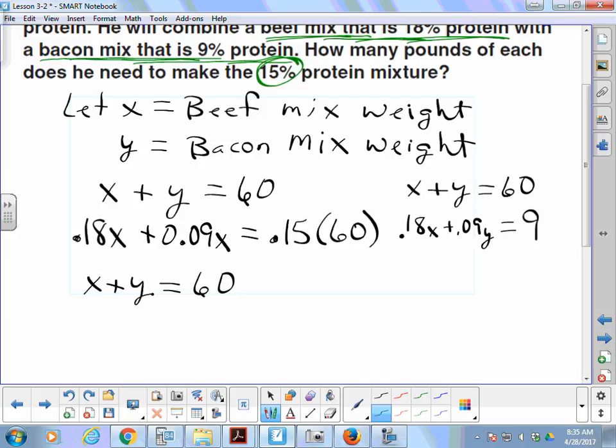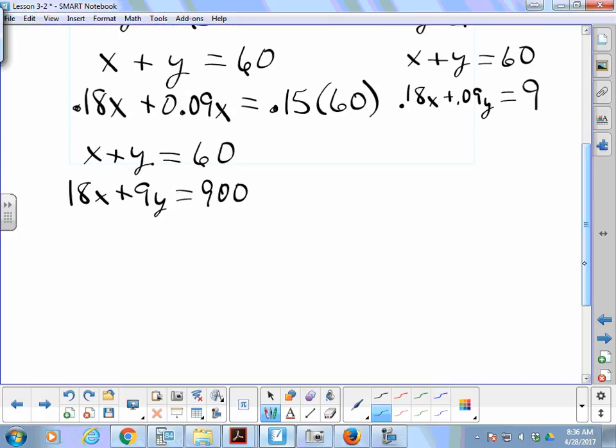And how can I get rid of those decimals? Multiply everything by 100, move the decimal two places. So we get 18x plus 9y equals 900. I'm just doing that so that I'm not working with decimals.